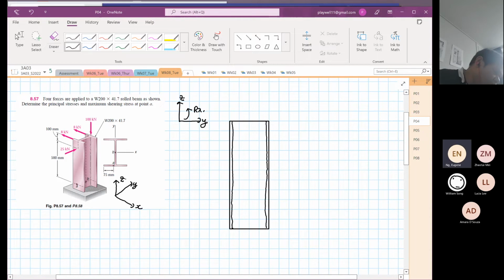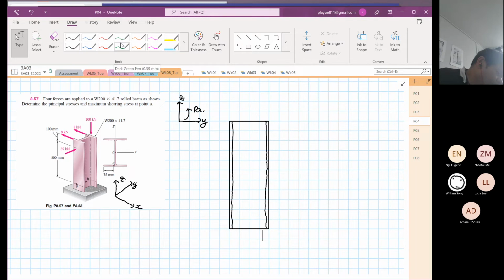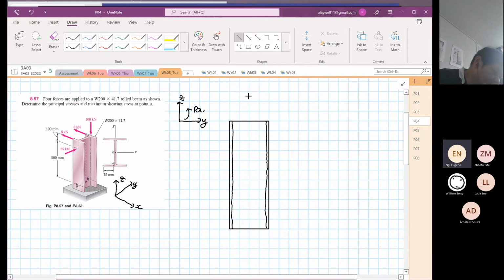Then we draw our position of our neutral axis. As I say, this is just a sketch for analysis. Then we put in our elements.